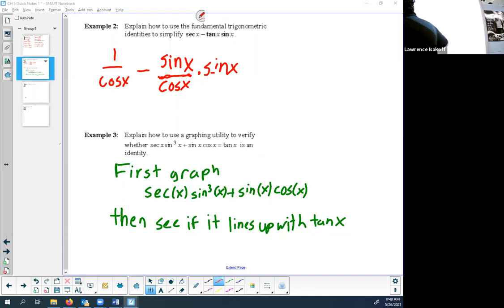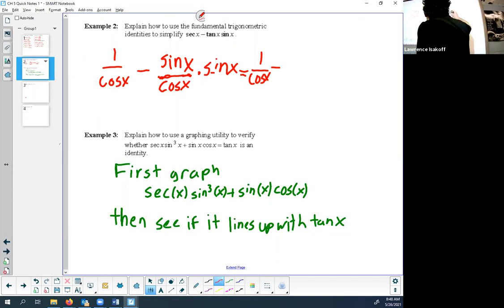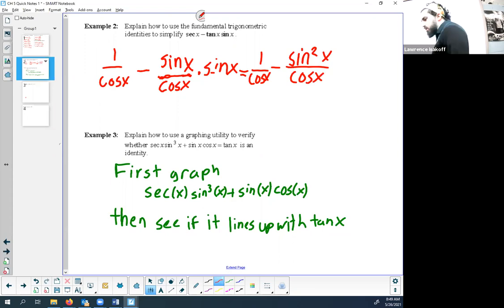Okay. So that actually ends up being equal to 1 over cosine of x. Sine times sine will be sine squared of x over cosine x. Now with how I rewrote this, all of a sudden I have common denominators of cosine of x.